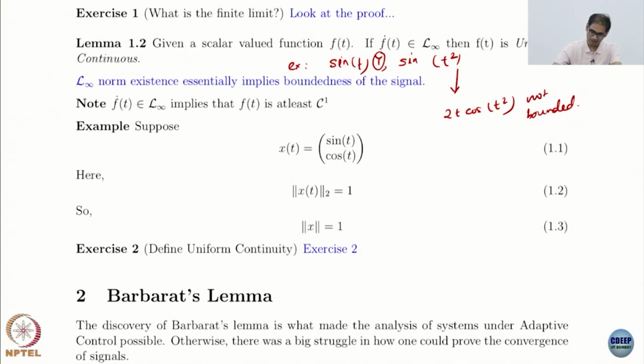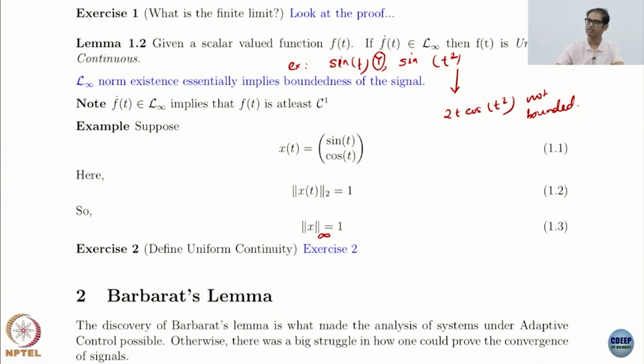Anyway, there's also a simple example here. If you take x of t, and take the 2 vector norm, then it's 1. This is just talking about boundedness. It just says that x is in fact in L infinity. The infinity norm of this signal is 1. Again, this is something we've already covered, just how to compute the infinity norm.